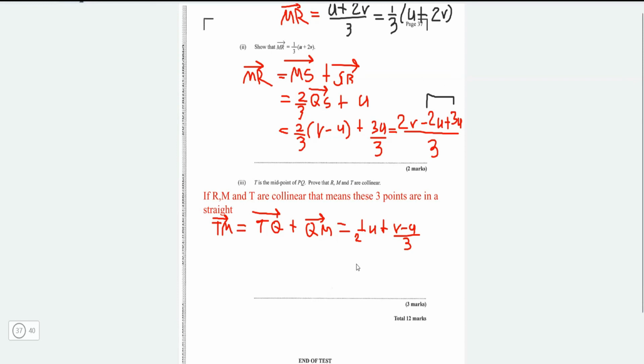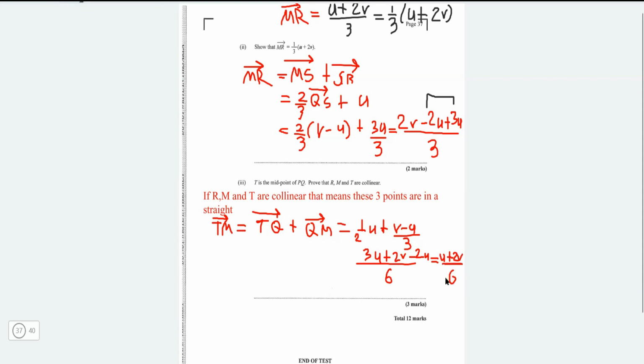So we'd have to form it as one fraction, put the LCM as 6, 2 into 6, 3 times. This would become 3U plus, then 3 into 6 goes 2 times, that would become 2V minus 2U. So what we end up getting is 3U minus 2U is just U plus 2V over 6.